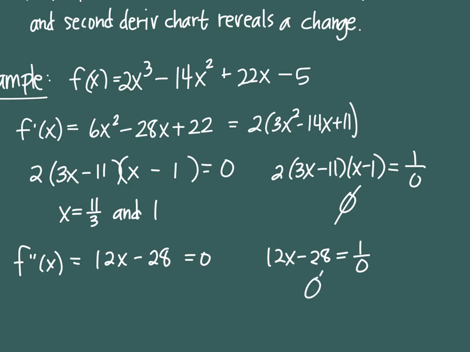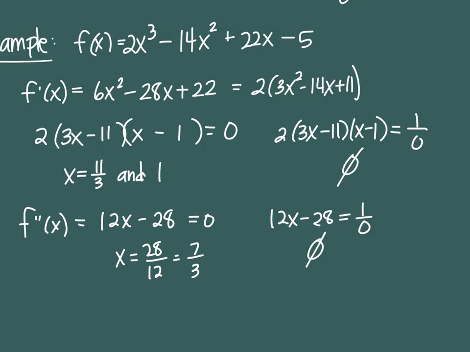But that doesn't produce anything new. So we're going to have x equals 28 over 12, which is 7 over 3. So these are all my important numbers. My domain is all real numbers. My interval now is going to not just be 1 and 11/3, but it's also going to include 7/3.